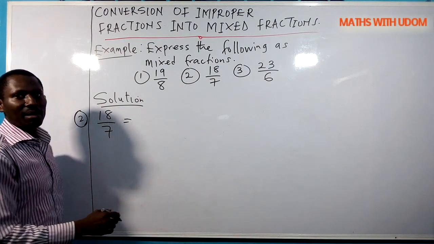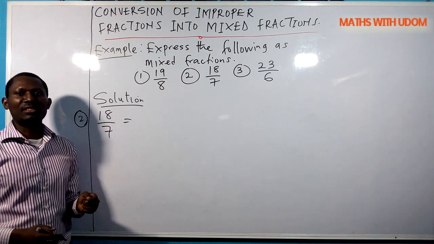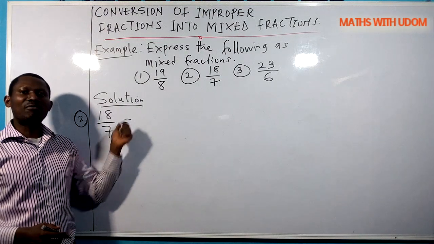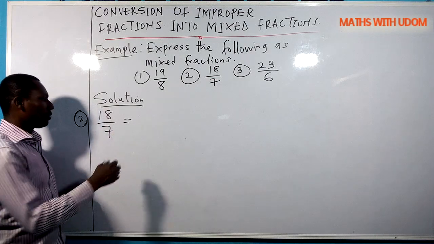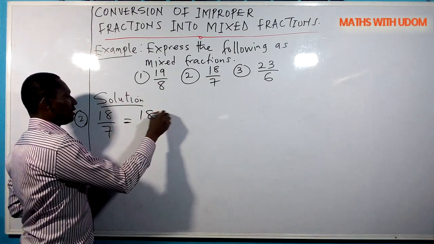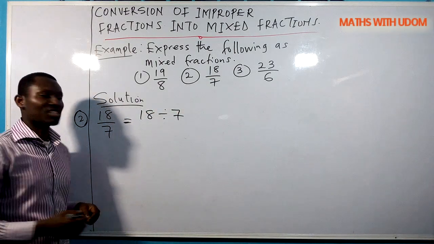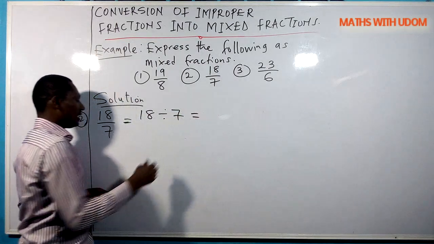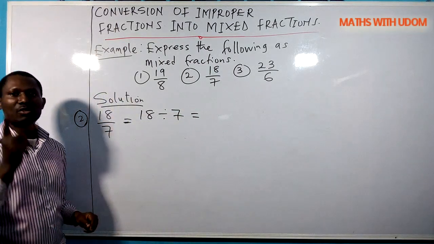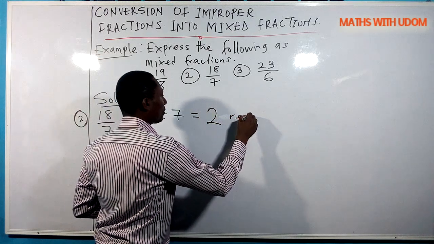How many times will 7 go into 18? Remember, 7 times 2 is 14. So which means 7 can go into 18 2 times.